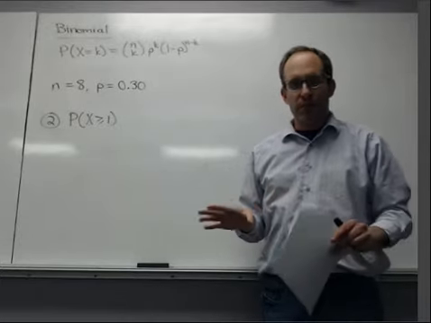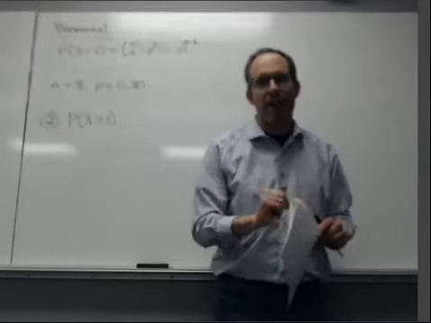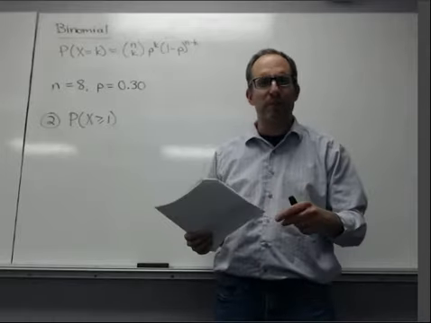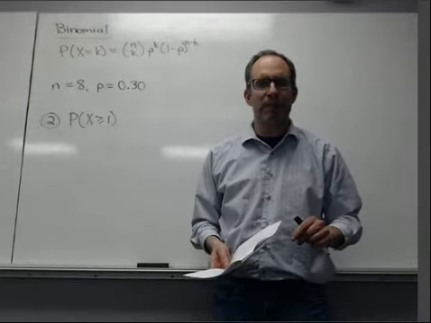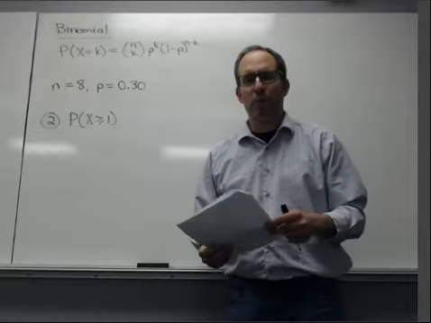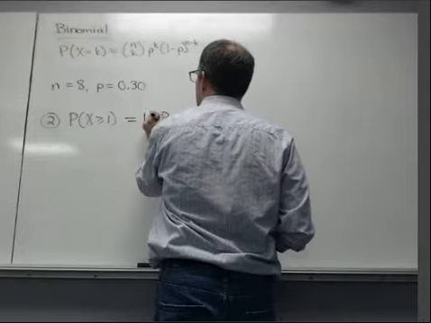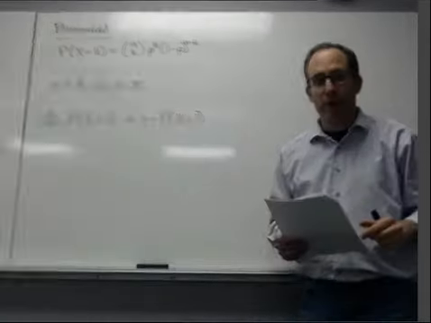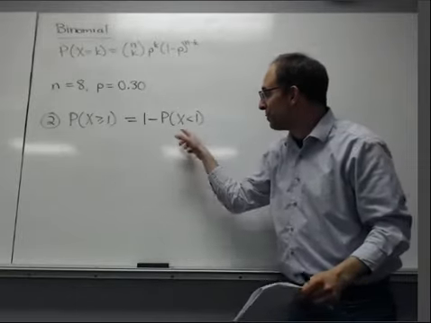And if you're in this situation, you're trying to figure out a compound binomial probability, and if you do all the individual probabilities the way it's set up, and you go, that looks kind of long, see what happens if you use the complement. So what if I did this? That would have to be true because every possible value is either greater than or equal to 1 or less than 1.